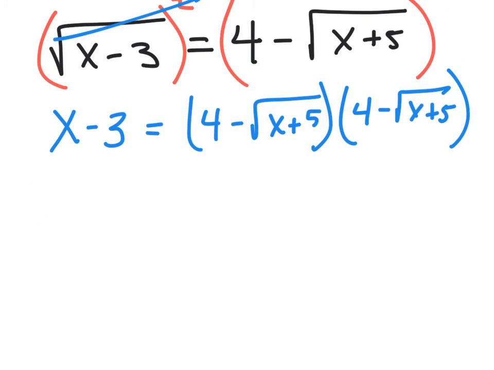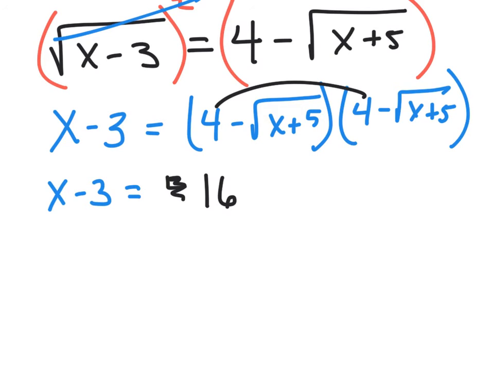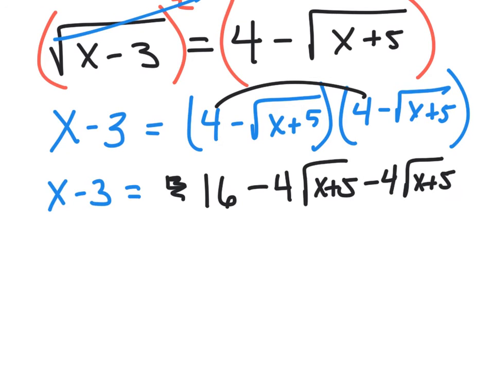Just take your time and keep things neat. x minus 3 equals, as I FOIL, so that's going to be 4 times 4, is 16. And then it's going to be minus 4 radical x plus 5. Minus 4 radical x plus 5. Shoot, I'm going to go off the page here. A negative times a negative is going to be plus. And remember, any radical times itself is just that stuff inside. So plus x plus 5.